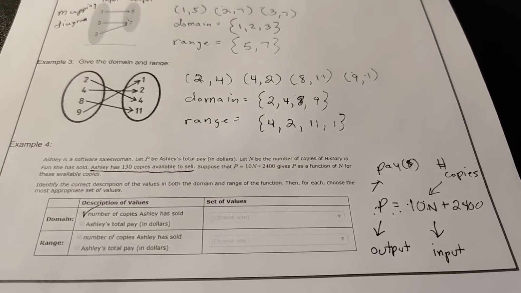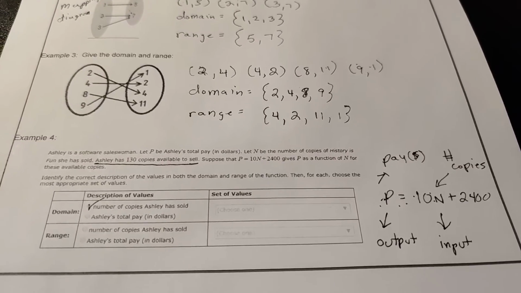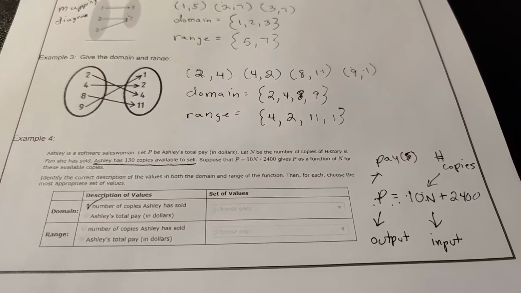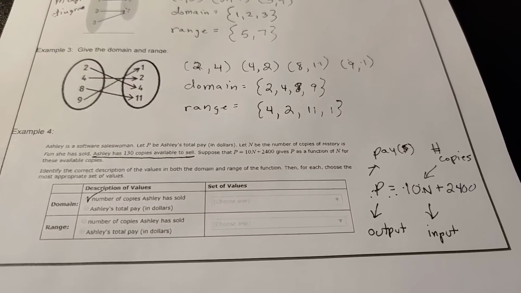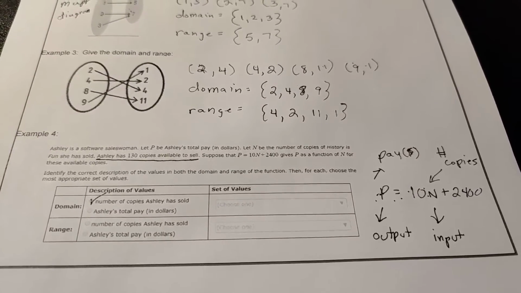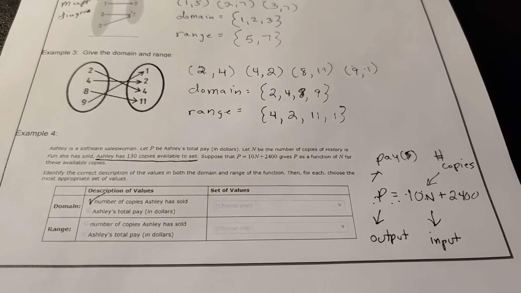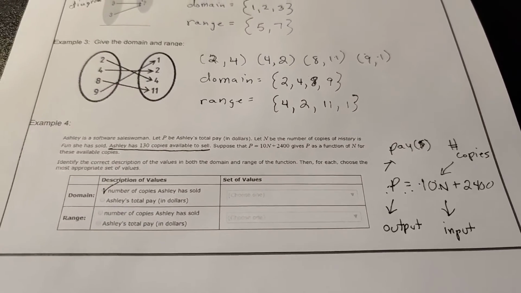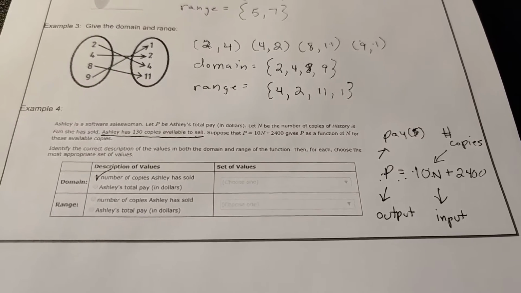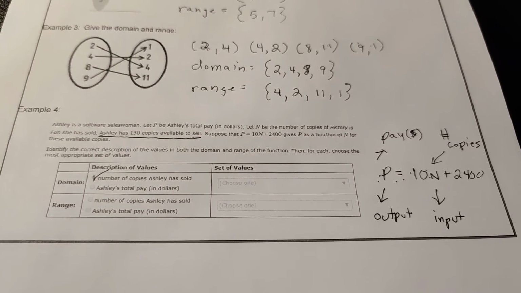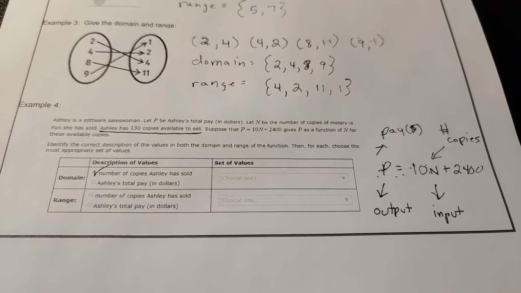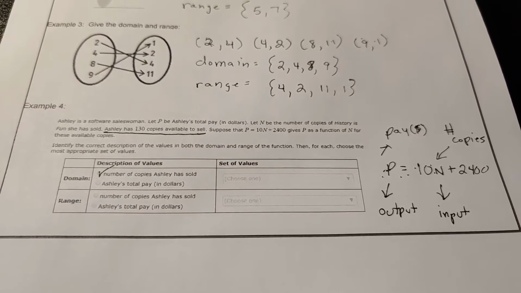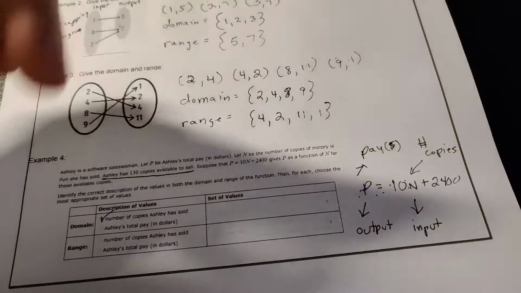If you think about what that means, she's got 130 copies probably in a warehouse somewhere. And if we consider how many books she could possibly sell, what are the fewest? She doesn't necessarily have to sell anything. Maybe no one wants to buy her book, right? So the smallest value in the domain is going to be 0.